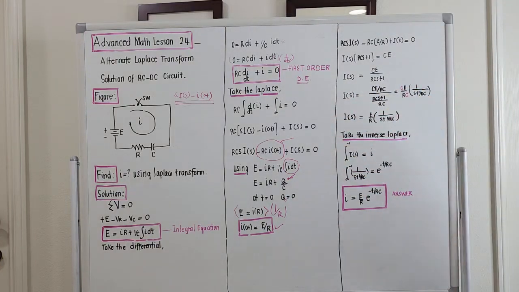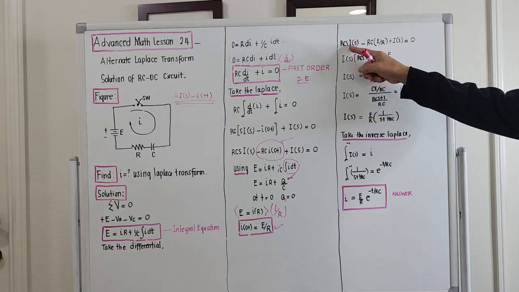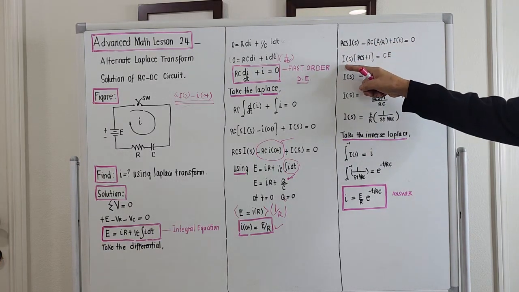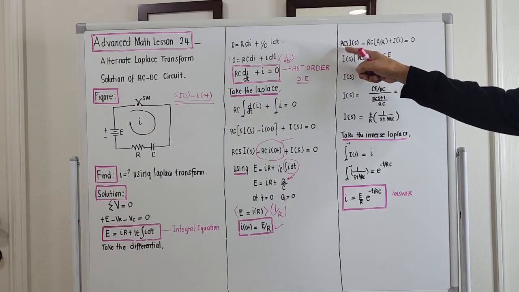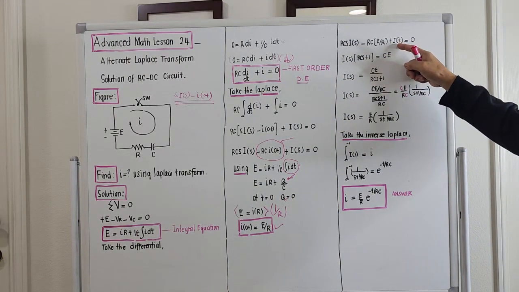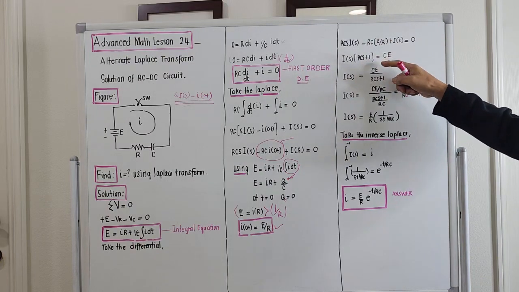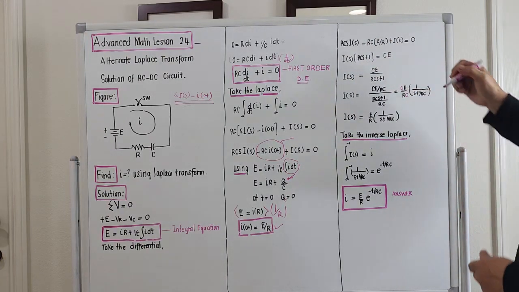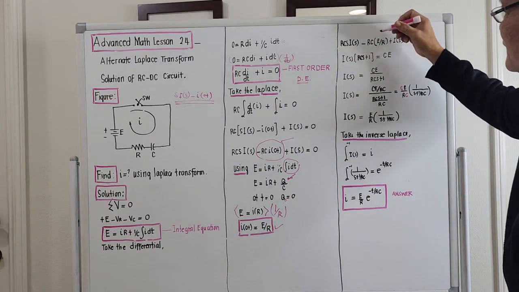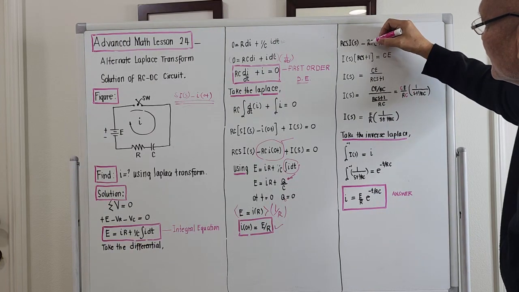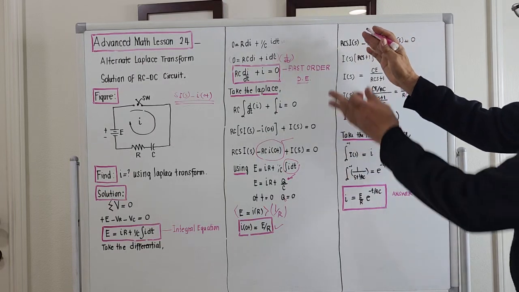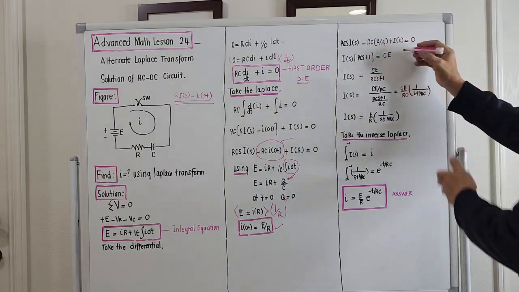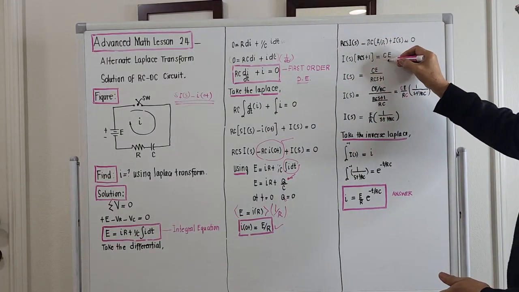If we factor out the common factor, capital letter I as a function of S, this is capital letter I as a function of S times open bracket RCS plus 1, close bracket, equal to. Luckily, these cancel with this. So what remains will be CE, and we place it on the right hand side.